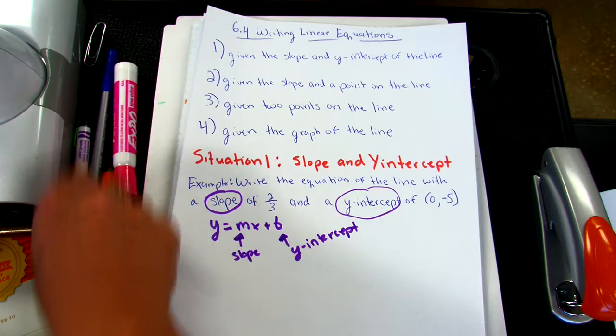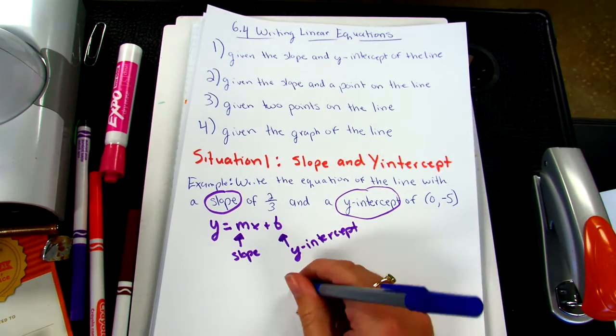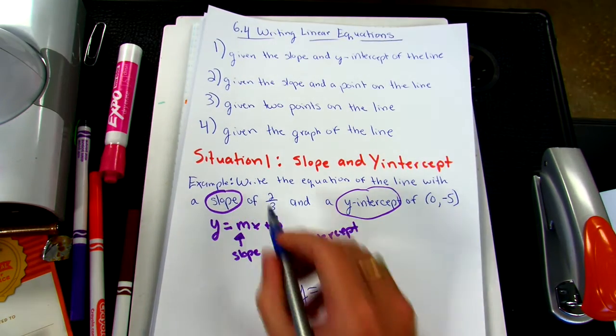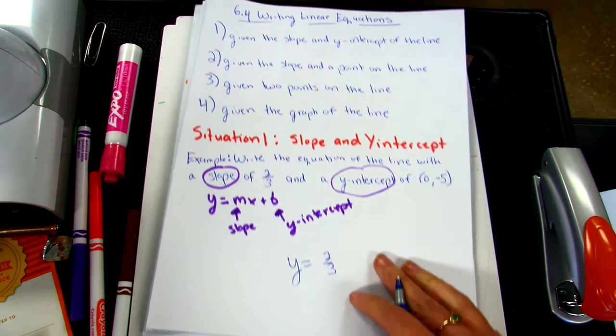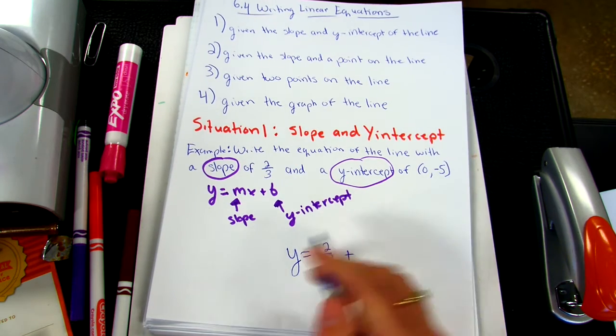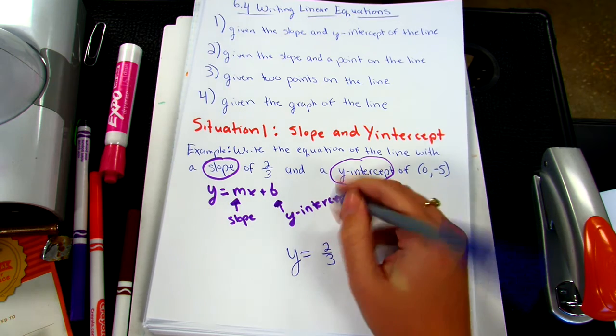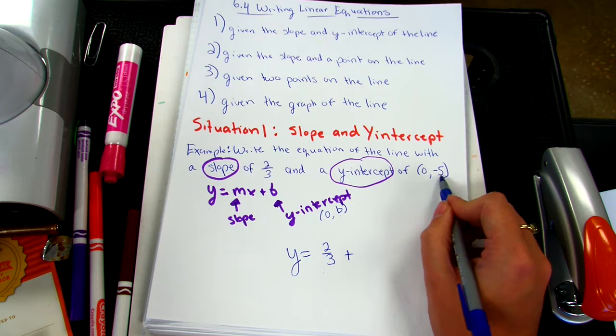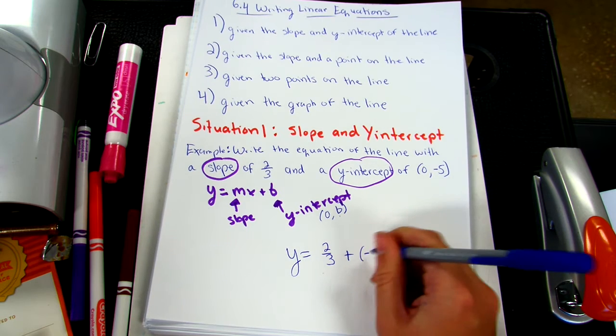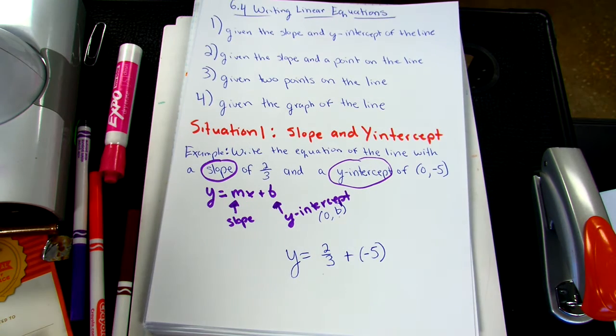So we will write y equals, and then our slope, which is 2/3, plus our b for the y-intercept, and our b value is -5. So plus -5. Okay? And that's all there is to it.